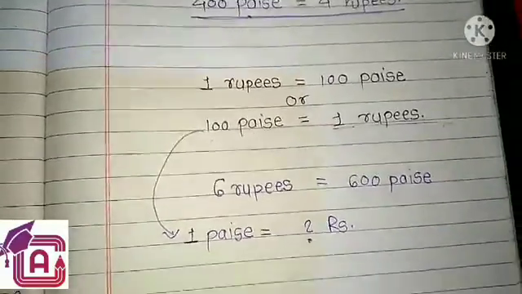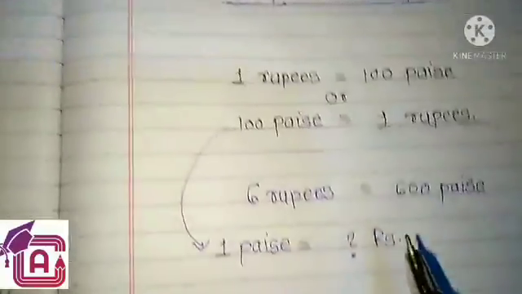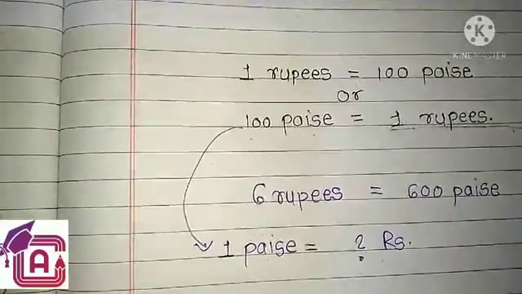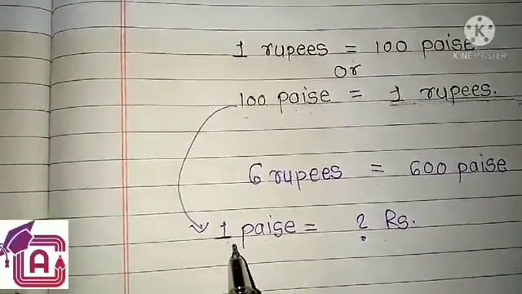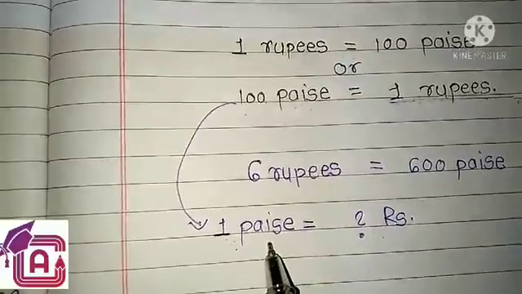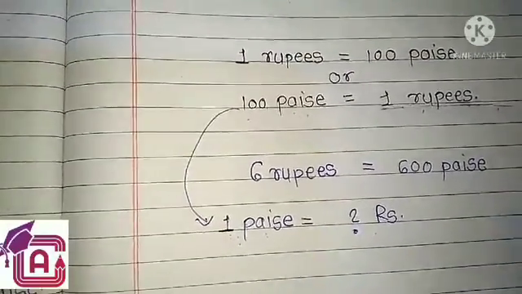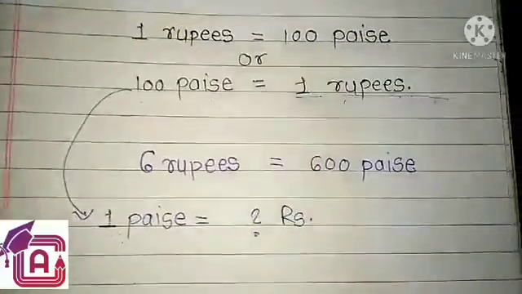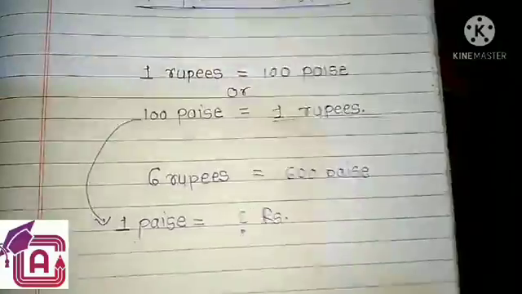That we have to find. If 1 paise I am collecting from this 100, it is equal to how many rupees? Because when we are collecting such 100 paise coins, then we get an amount of 1 rupee.